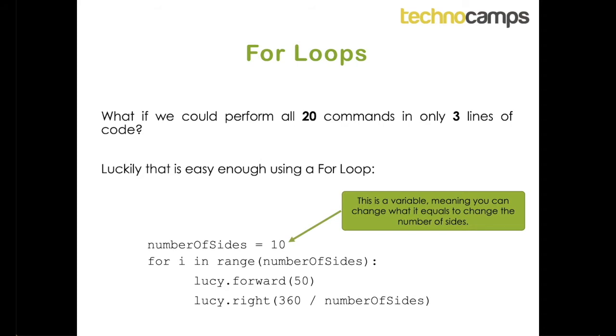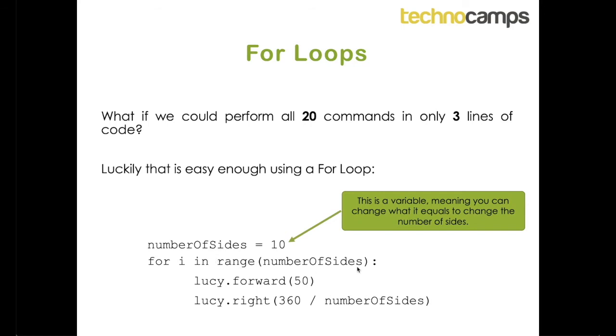And for that, we're going to use a for loop. What a for loop does is it calls a tiny little variable called I. I starts at 0, and every time we complete one dot forward and one dot right, we add 1 onto I. So I goes 0, 1, 2, 3, 4, 5, 6, and so on, and it stops before it reaches the number that's inside this range here.